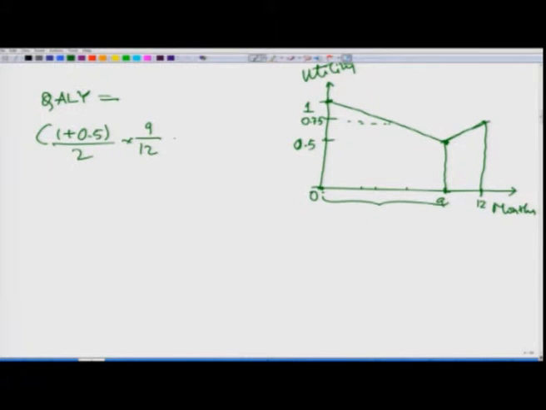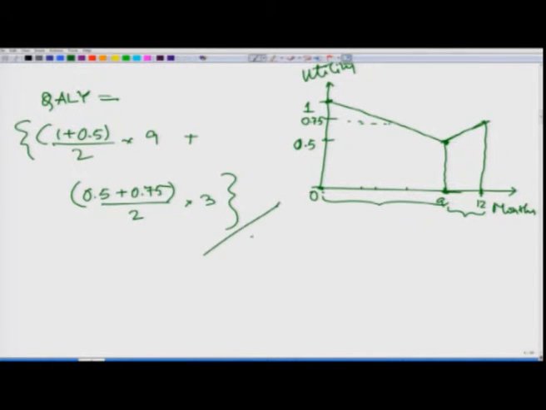Plus, during these 3 months, the average utility is 0.5 plus 0.75 by 2 into 3 by 12. Or you can remove the by 12 and write just 9 and 3, total divided by 12, right?